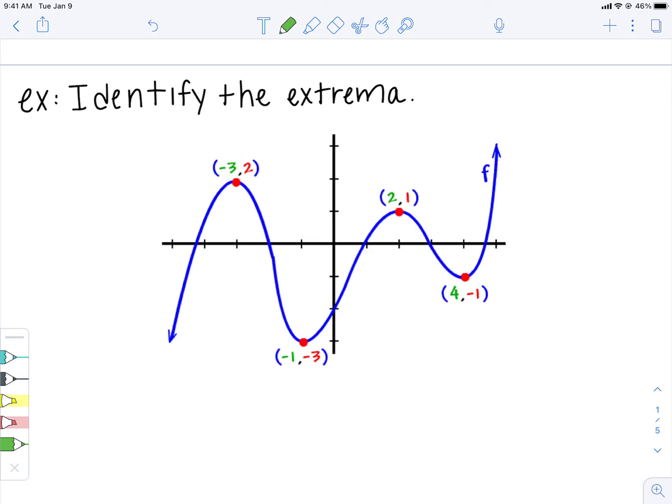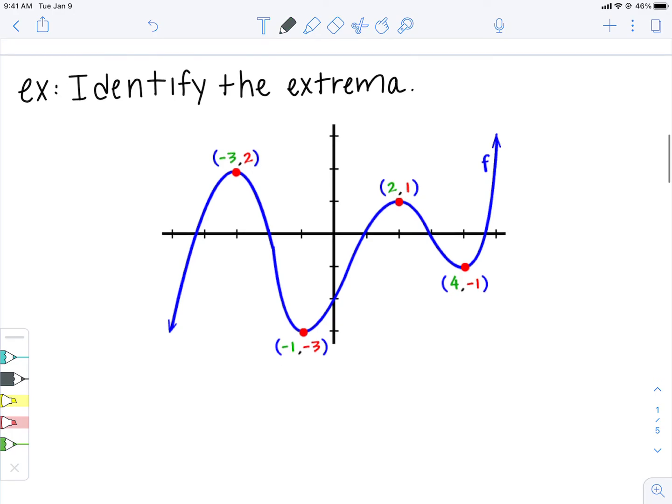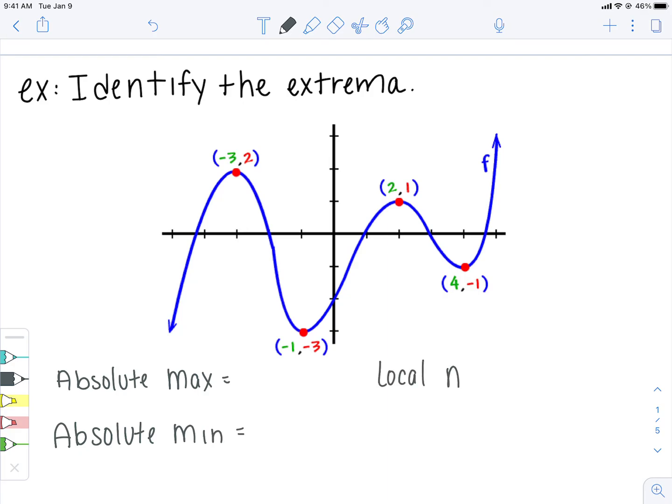So anytime I see a problem like this, the first thing I would probably do is write down, okay, I want my absolute max, I want my absolute min, I also want my local max, and my local min. So I have to find all four of those things when they're asking me to find the extrema.